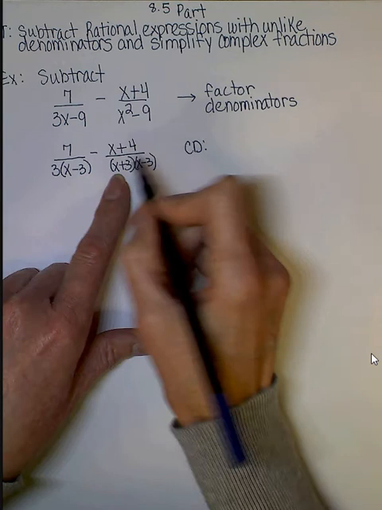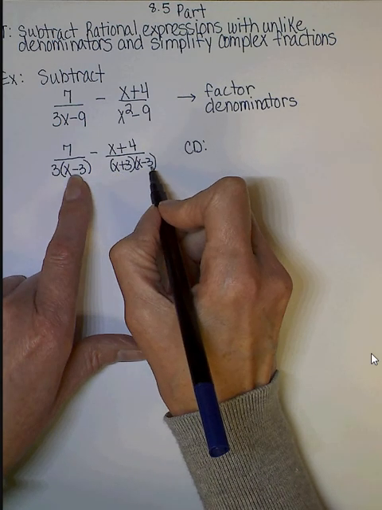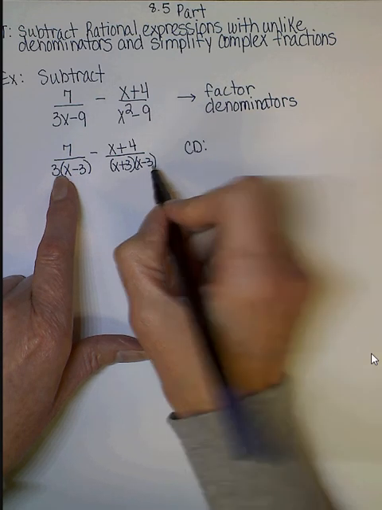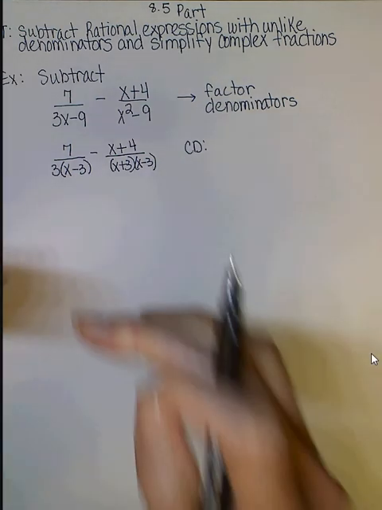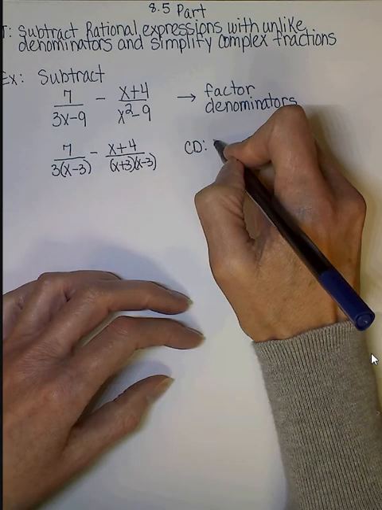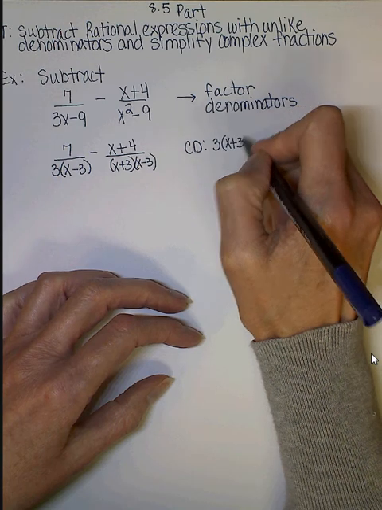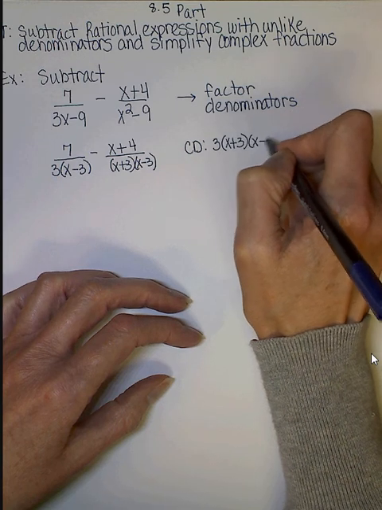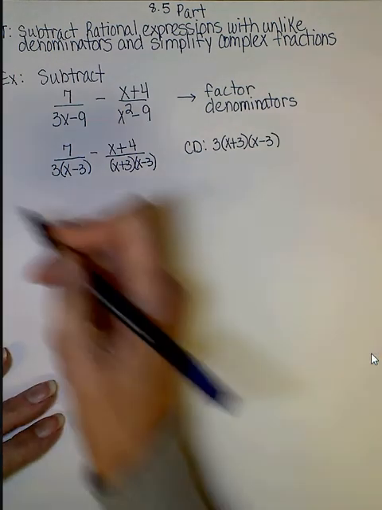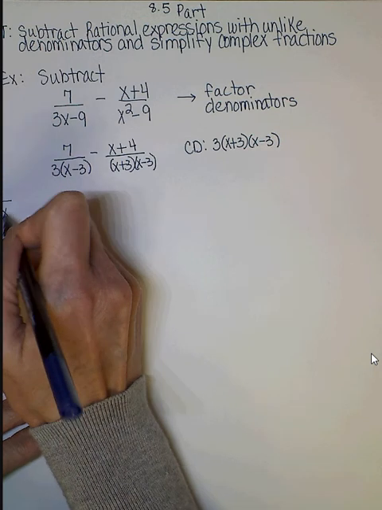We know we need both of these terms, and the x minus 3 would be in both, and then we also need this 3. We need a representation of every single term to get a common denominator. So I'm going to have the 3, and then times x plus 3 times x minus 3 would be my common denominator. So I'm going to spread this out again so we can see what's missing here.